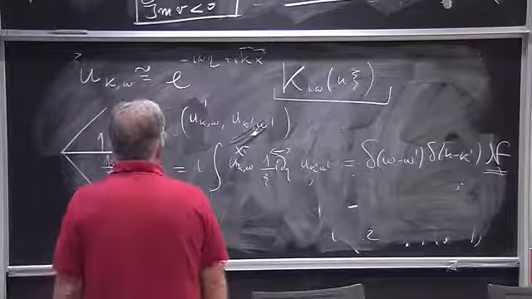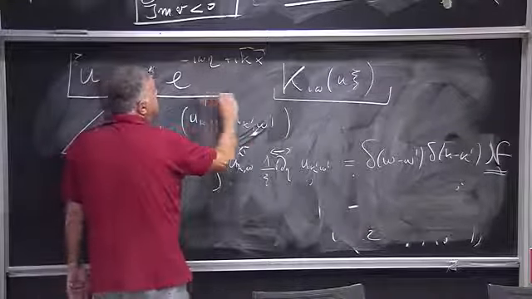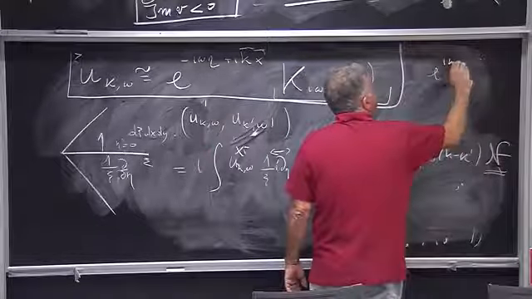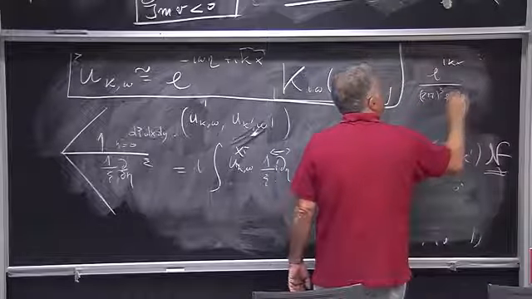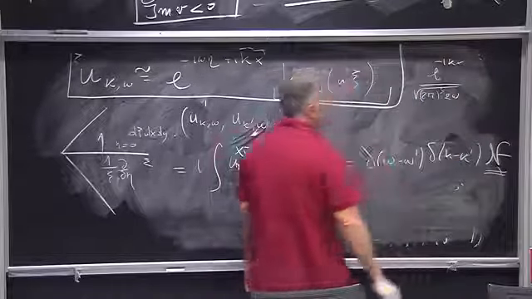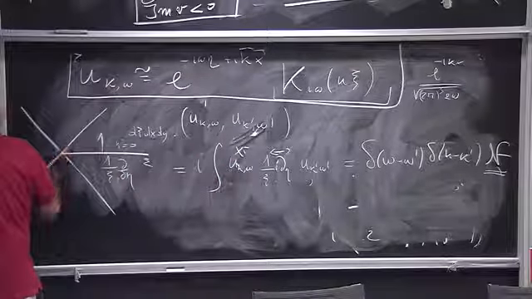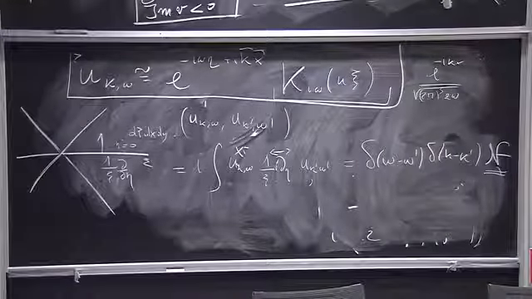Okay. Now the point is that we want to compare these modes with the standard exponentials. We cannot do this directly if we don't before say what we put in this region.